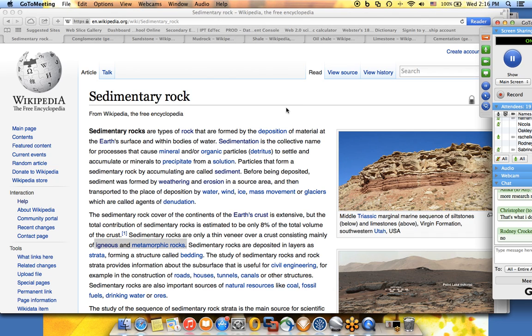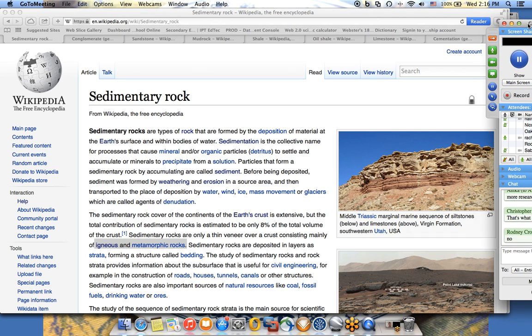Okay. And so, for example, when I grab a topic, I prepare for this lesson on sedimentary rocks. Of course, I go to this online encyclopedia that is beautiful and I start looking and finding things. Okay. And so, for example, I started here with the Sedimentary Rock article. And then I start reading.